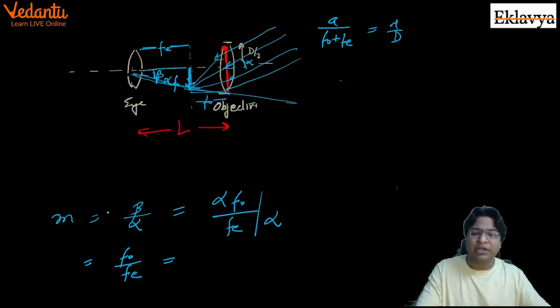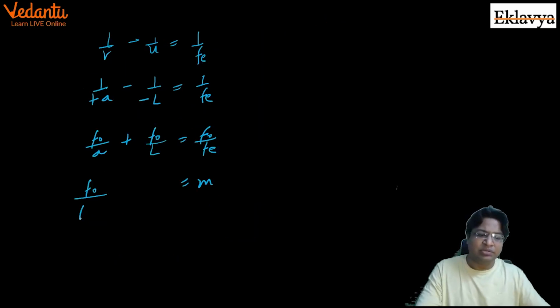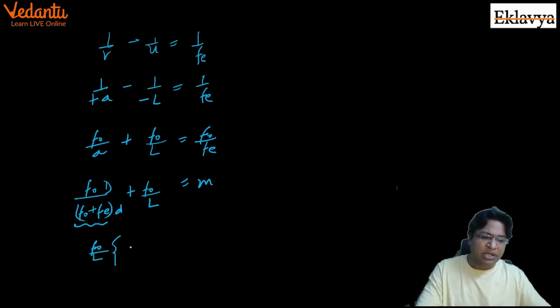Now instead of A, I can substitute F naught plus Fe multiplied by small d and capital D, plus F naught by L. So this is actually the same as L. So we can take out F naught by L as the common quantity, and then this is D by d plus 1.